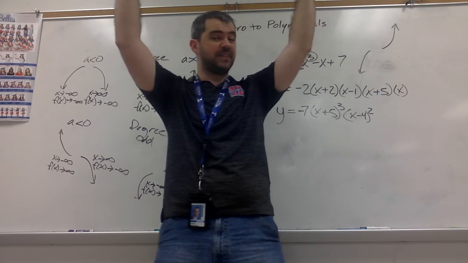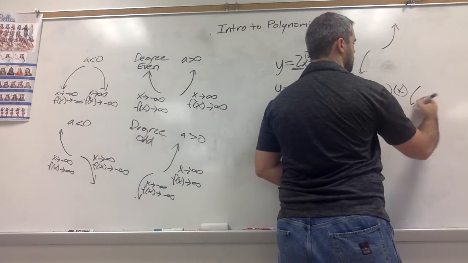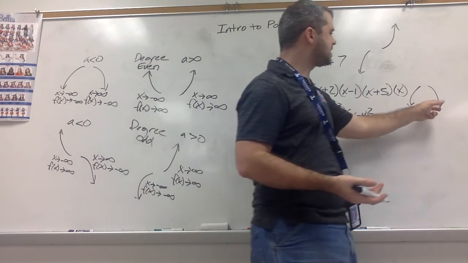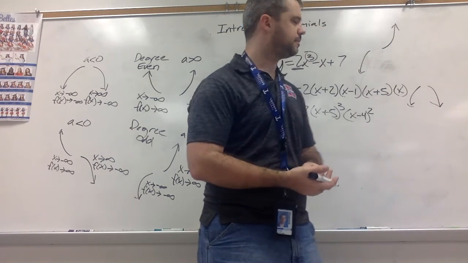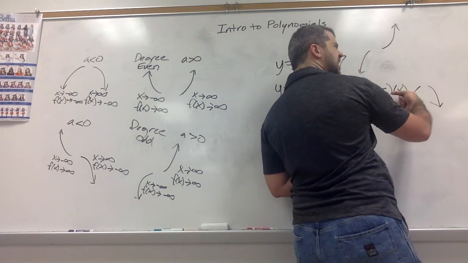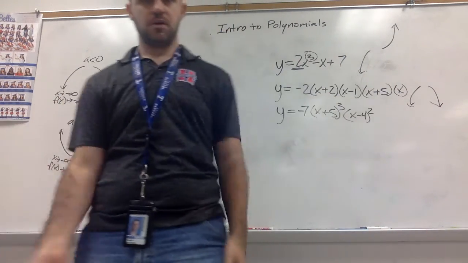Since it's a negative leading coefficient, it's going to look like this. So we're going down like this. As x goes to infinity, we go to negative infinity. As x goes to negative infinity, y goes to negative infinity. So it's like this.